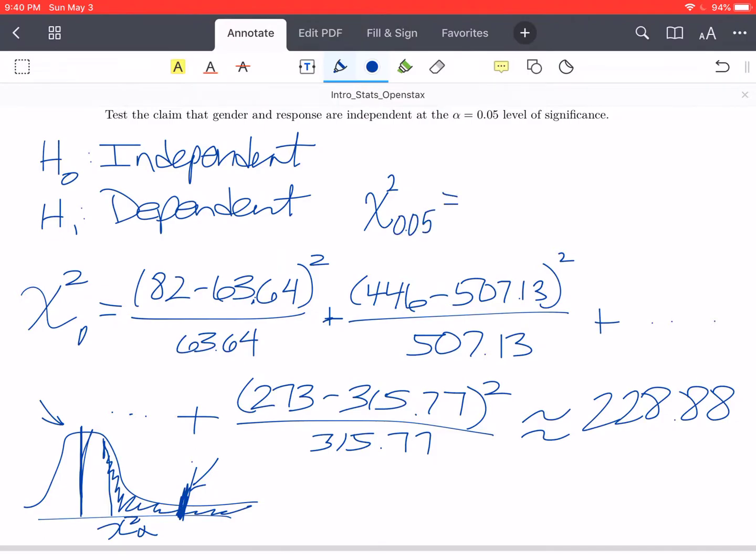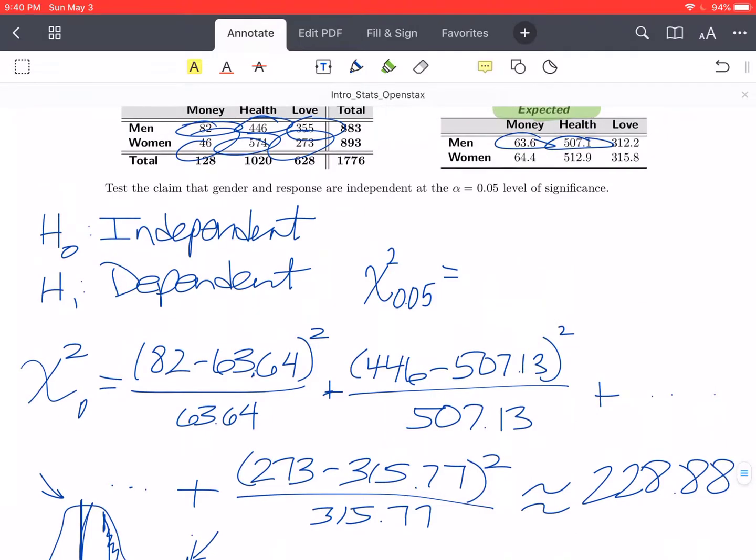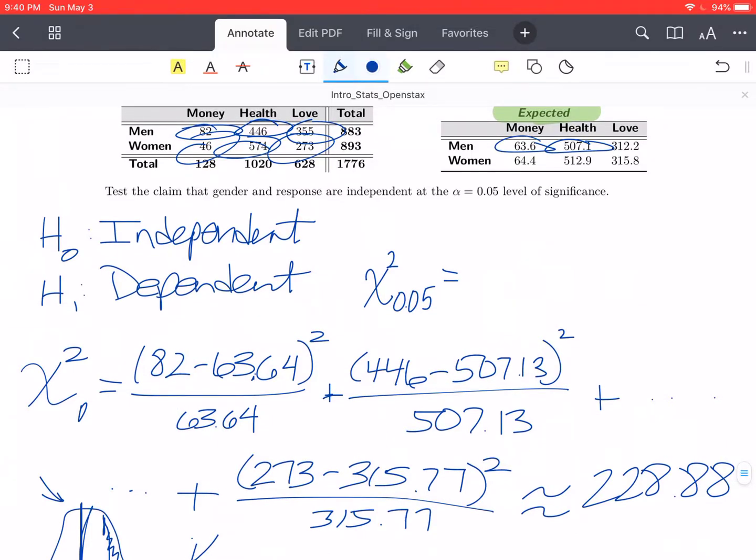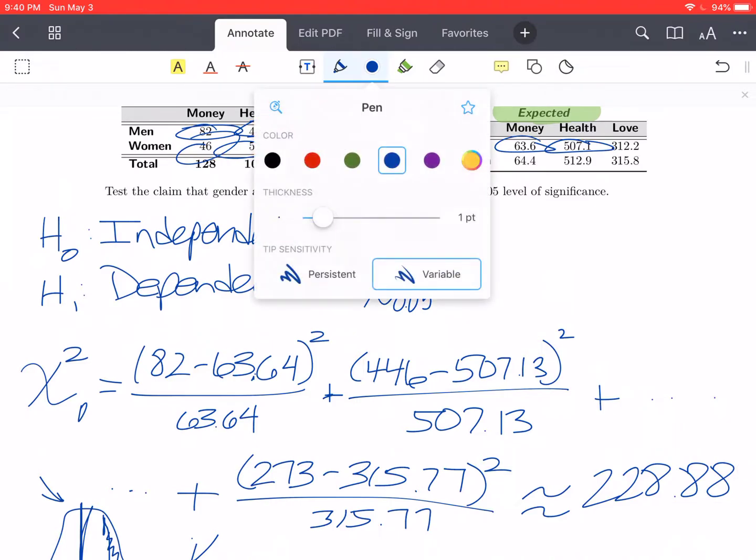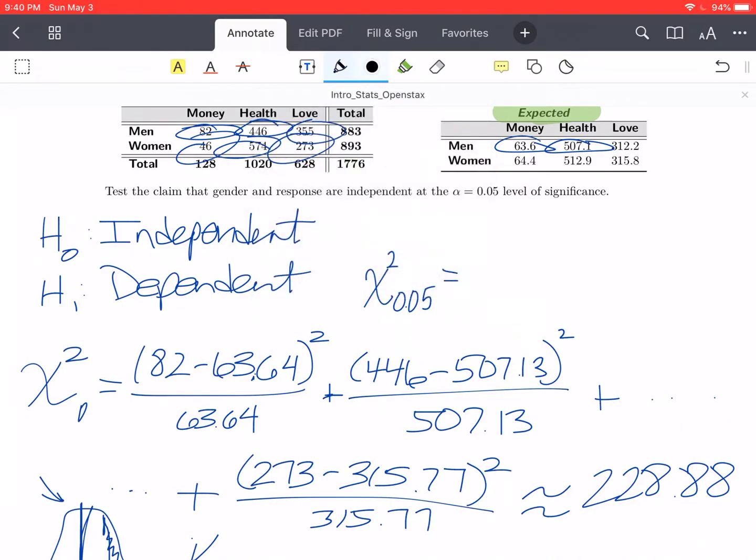we need to go back and use that table. In order to use the table, we need to have degrees of freedom. In these types of problems, the test for independence, you'll need to know this. It doesn't say it anywhere in the text, but we need to know the rows and columns. So we have 2 rows and 3 columns.